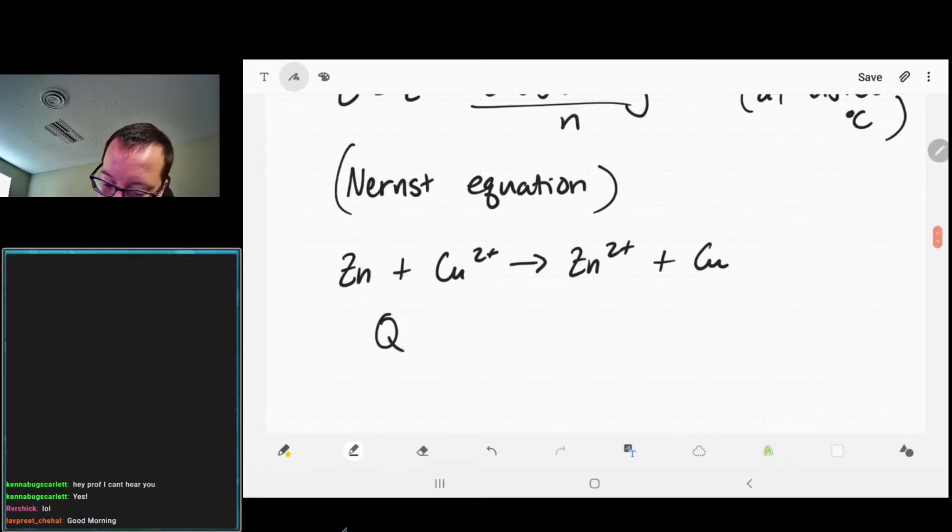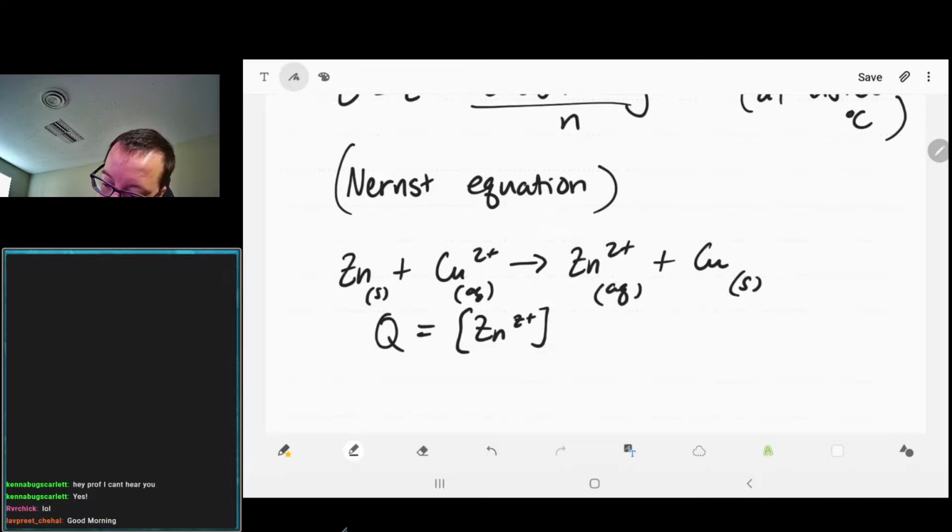If we look at Q for this reaction, remember Q only includes aqueous products and reactants. Zinc 2 plus over copper 2 plus.